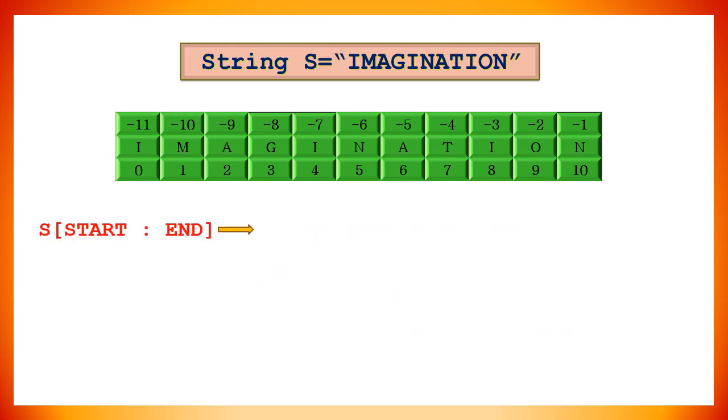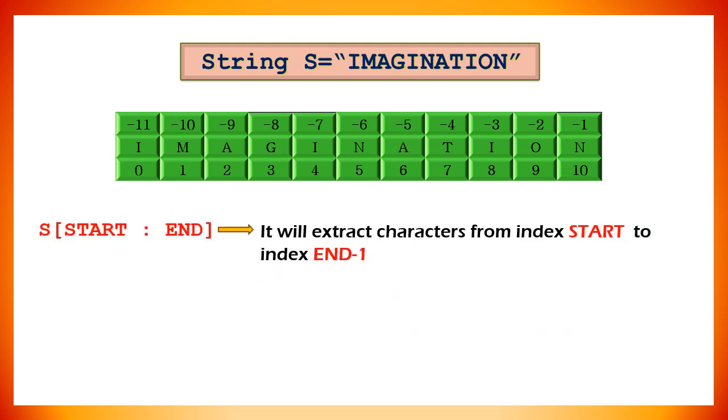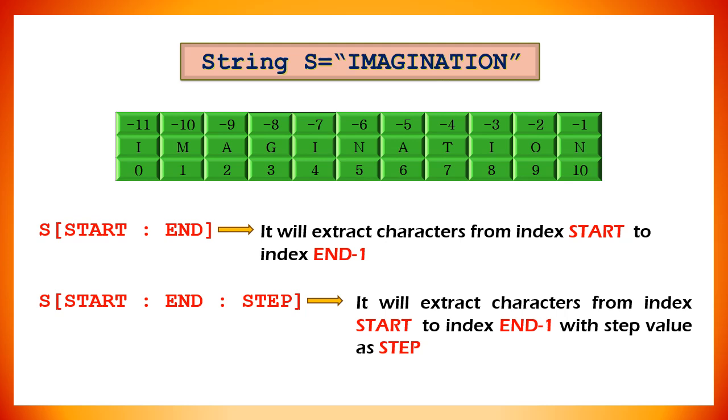If we choose the first approach for string slicing, then it will extract characters from start index to end index -1. If we choose the second approach, then it will extract characters from start index to end -1 index with step value as step.